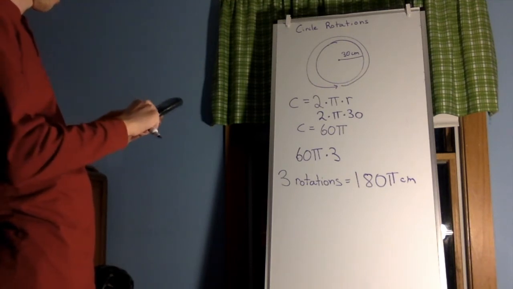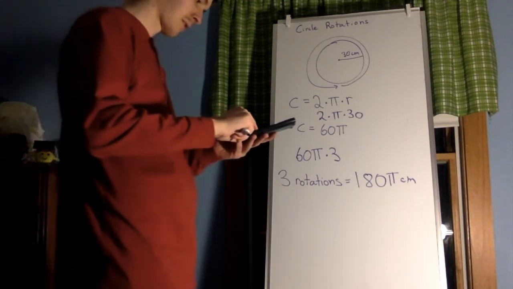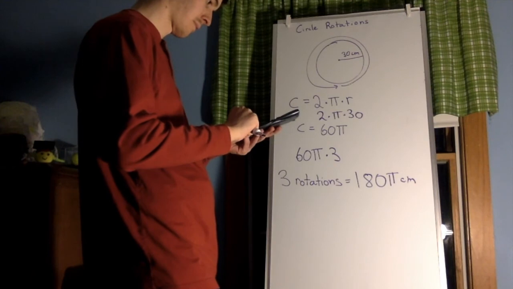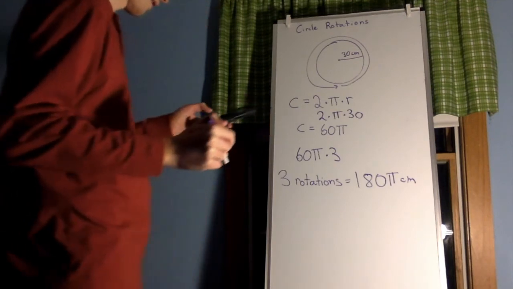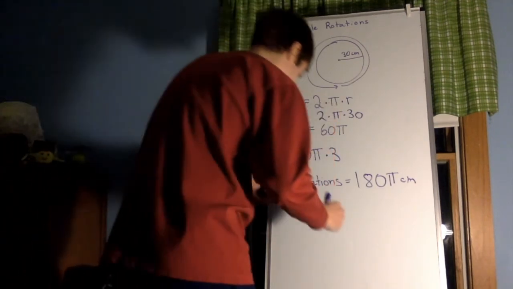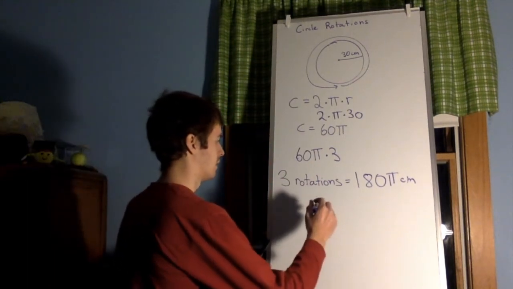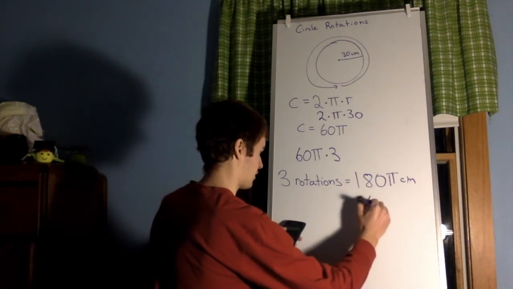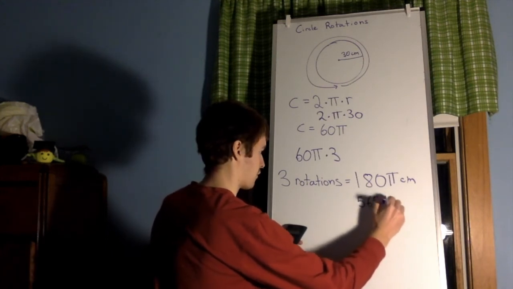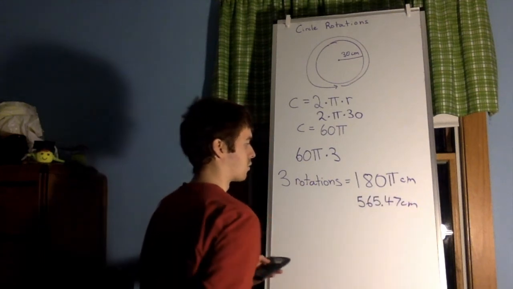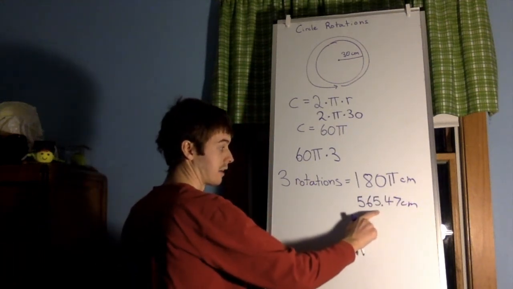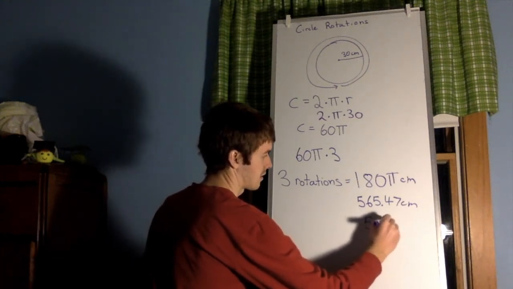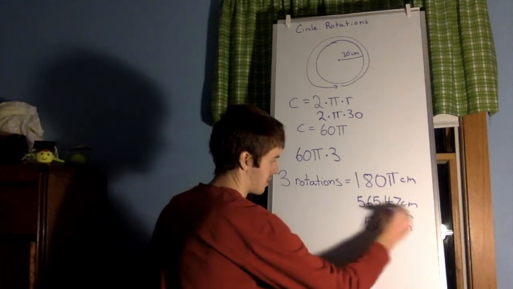We'll do 180 times pi. And I get, on my calculator anyway, 565.47 centimeters, rounded to the nearest centimeter, or ones place. That is going to be 565 centimeters.